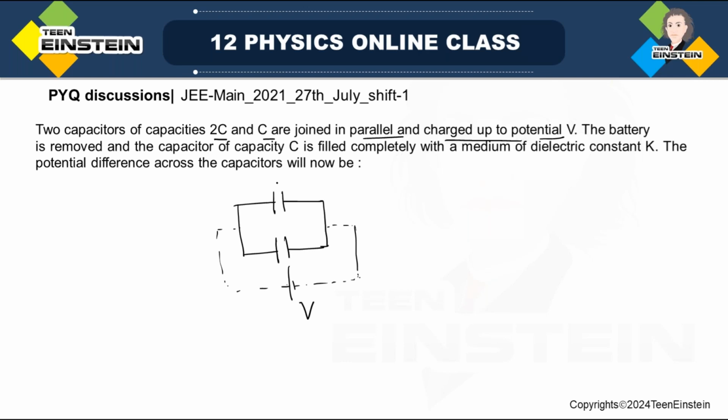When they are fully charged, they will have potential V across each of them. Suppose this is C and this is capacitance 2C.